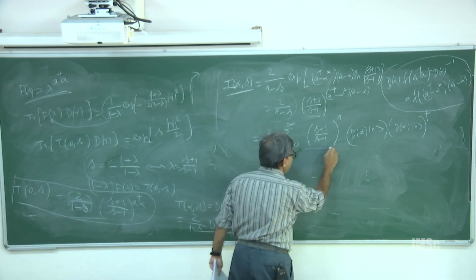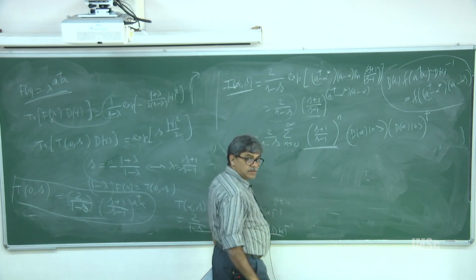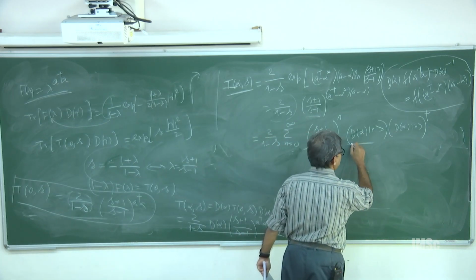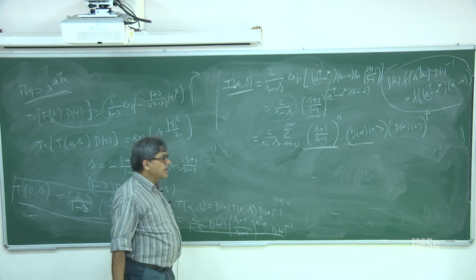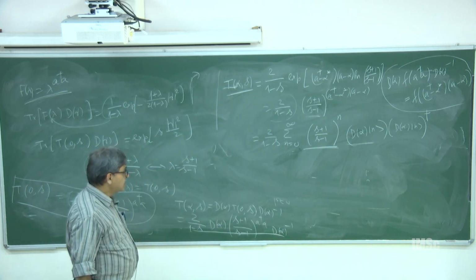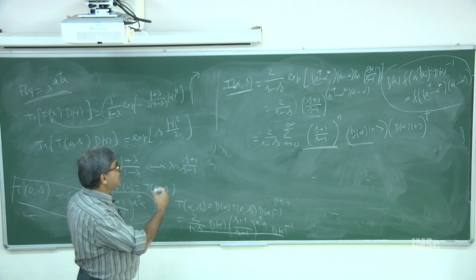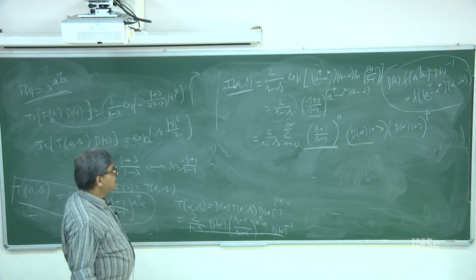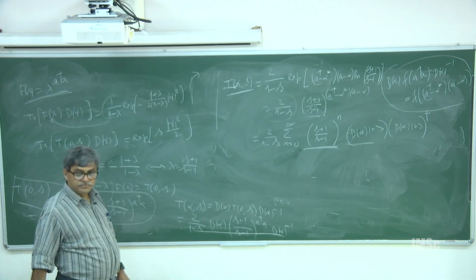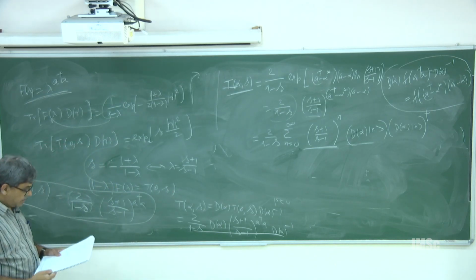Of course, these values can be complex, but these are orthonormal states, because D alpha is a unitary operator, and this is the spectral decomposition of T of alpha s. When s is real, of course, this is real.